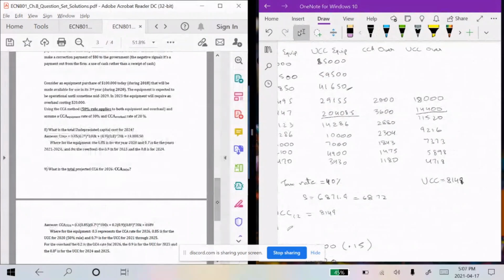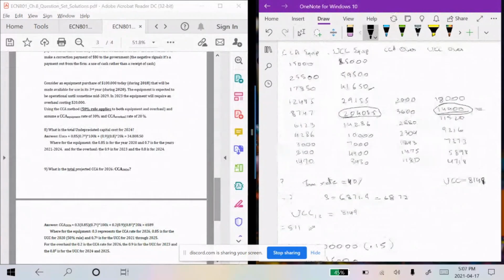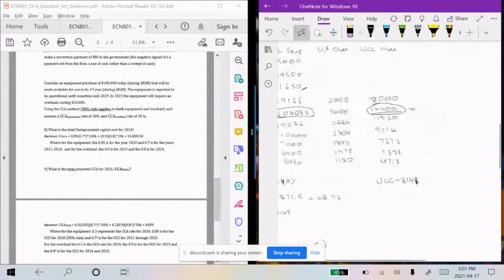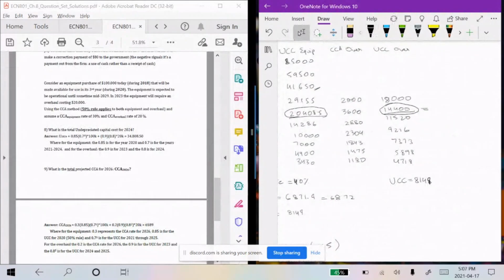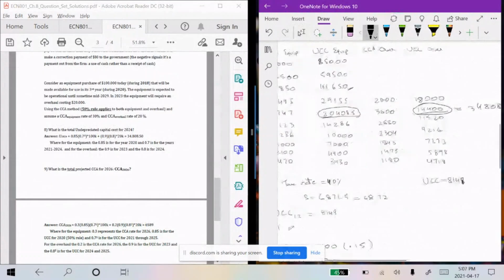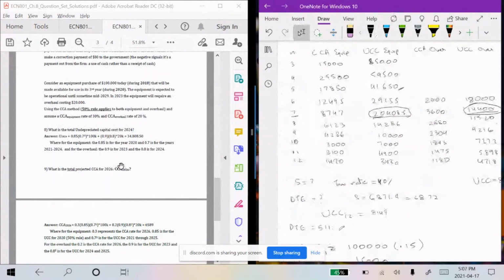So if you add these two, this one and this one, both in the 7th period, you get 20,408. I think he took the 0.5 plus 14,100. So you get 34,808. Okay, you get that value for UCC 2024.